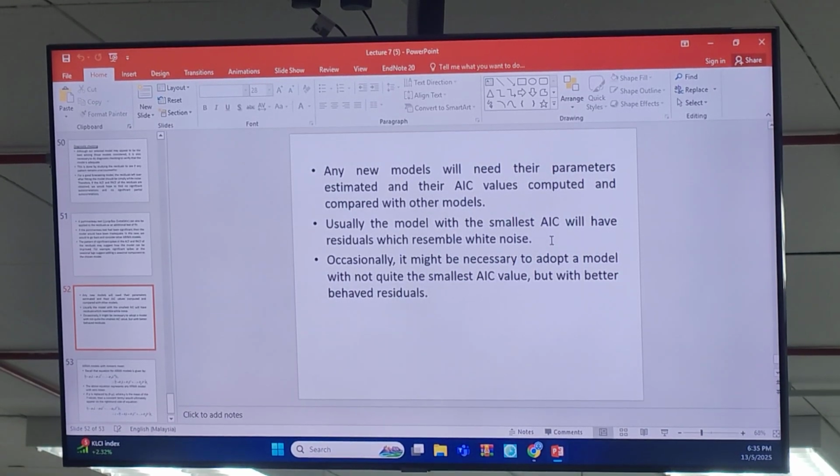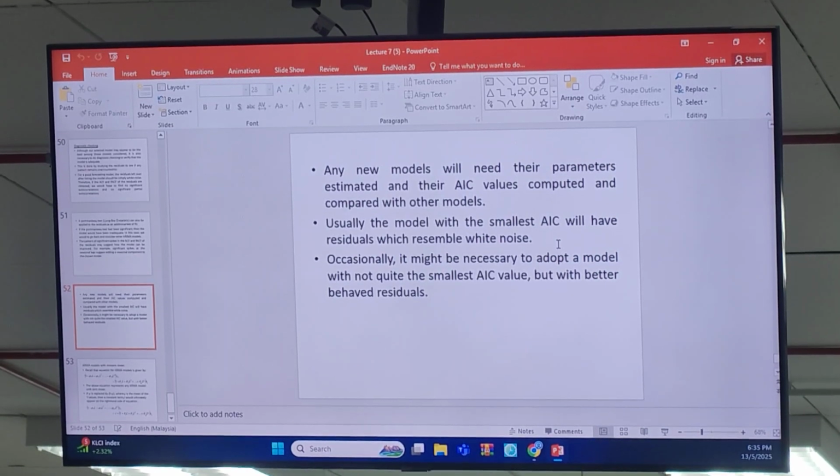Most of the time, the model with the smallest AIC or SIC satisfies the assumption of white noise residuals, but not necessarily. Sometimes, even though it has the smallest AIC, the residual is not white noise, so you cannot use that model. You have to consider an alternative model.